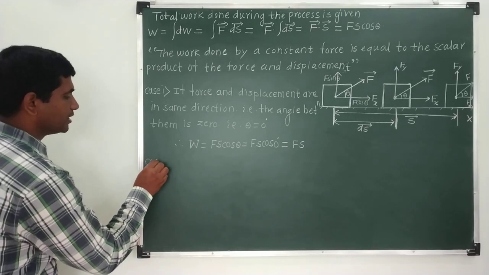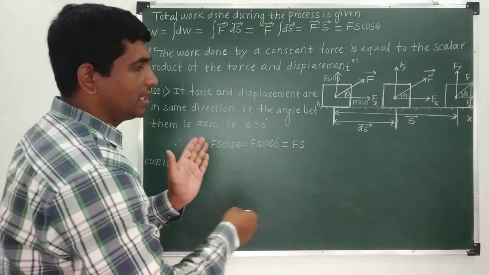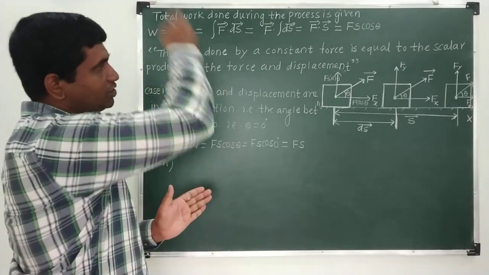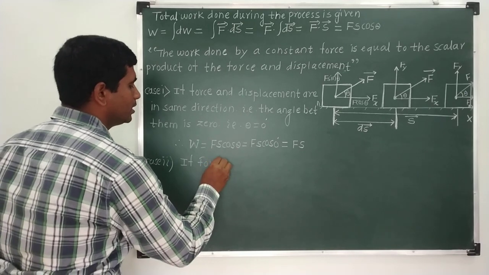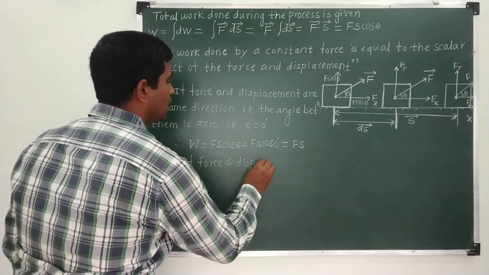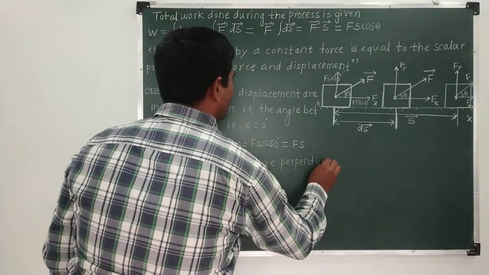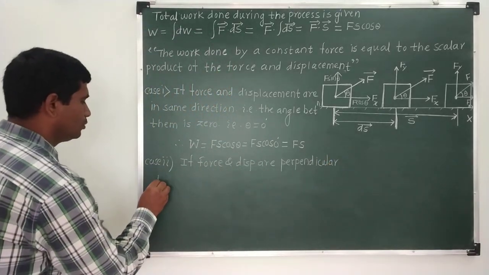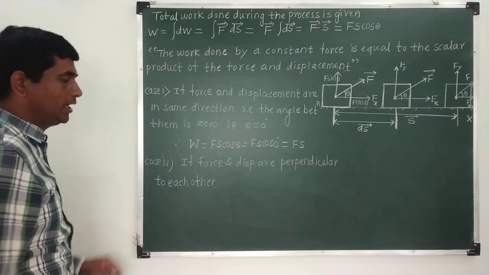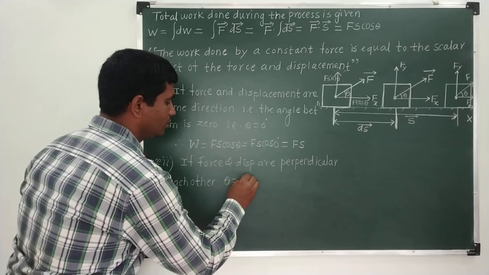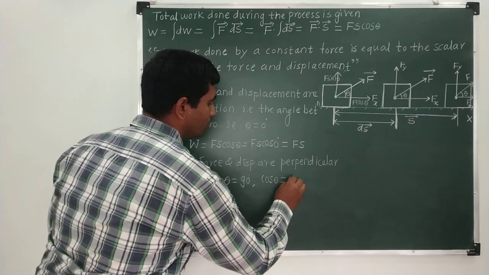Now we'll consider case number 2. If the force is in this direction and the displacement is in a vertical direction, if force and displacement are perpendicular to each other, it means theta is equal to 90 degree, and therefore cos theta, which is cos of 90 degree.